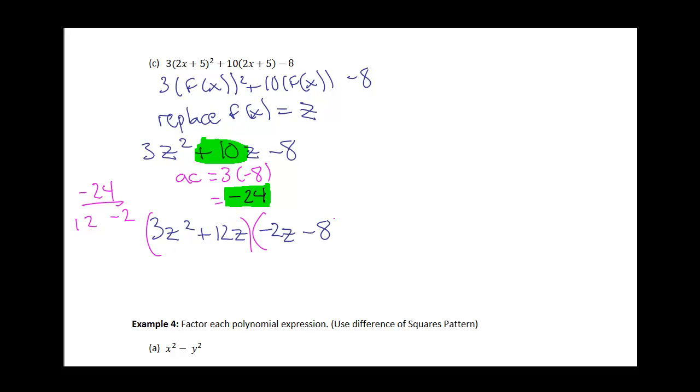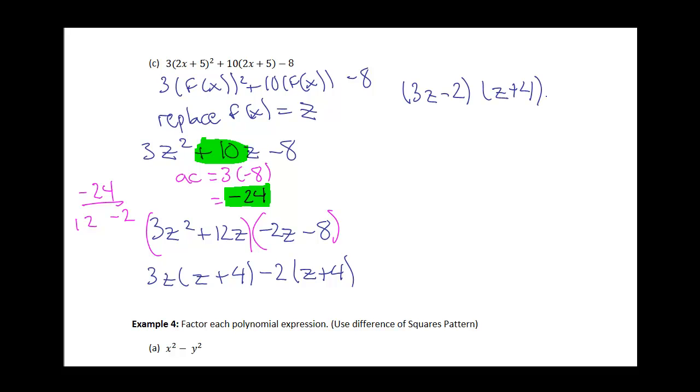Splitting the expression, we can simplify by taking a 3z out here, leaving us with z plus 4, and then minus 2 here, leaving us with z plus 4. Hence, our factors here are 3z minus 2 and z plus 4.